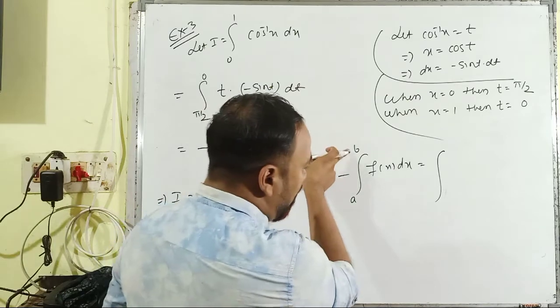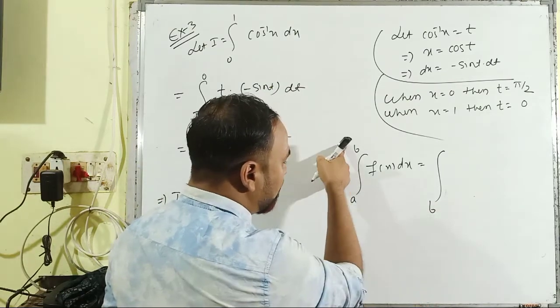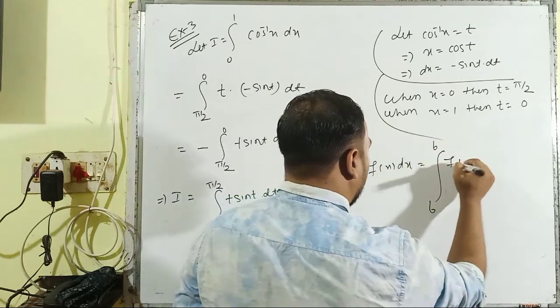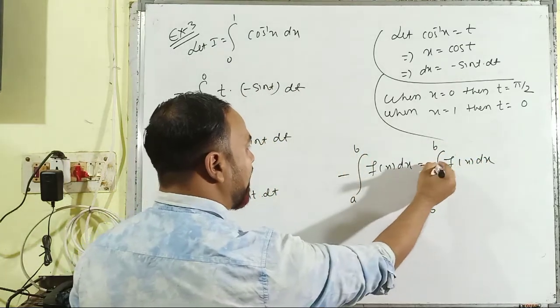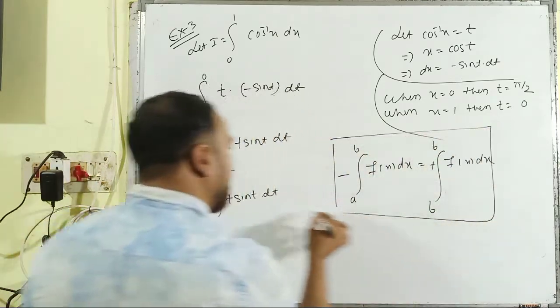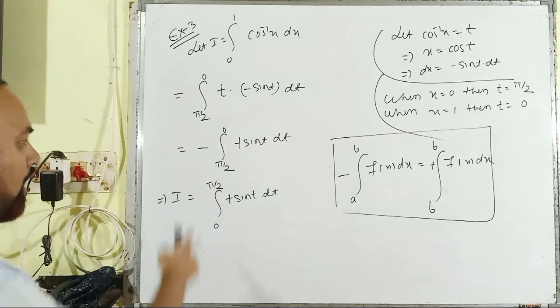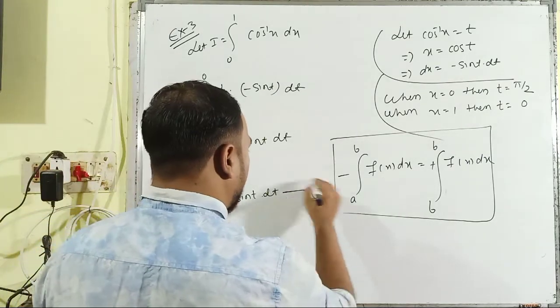The upper limit changes to the lower limit and the lower limit to the upper limit, and in that case the negative sign becomes a positive sign. So this property is applied here so that the negative sign is removed. So here it is equation number 1.